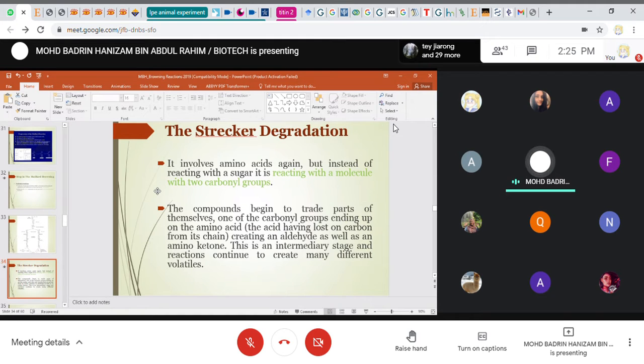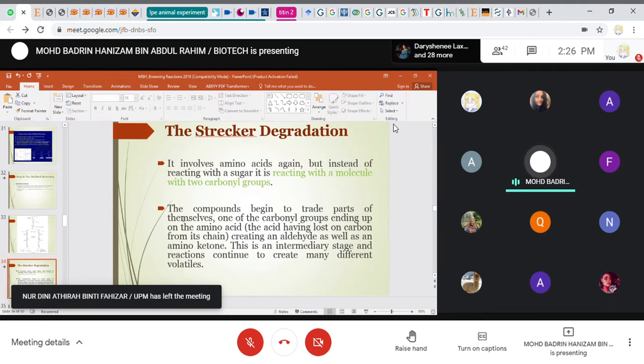Before this, at the start of the reaction, we were only talking about one carbonyl group reacting with sugar, right? This time, when it comes to the Strecker degradation pathway, this pathway requires two carbonyl groups, for example a two-carbonyl compound such as osulose. So the compounds begin to trade parts of themselves.